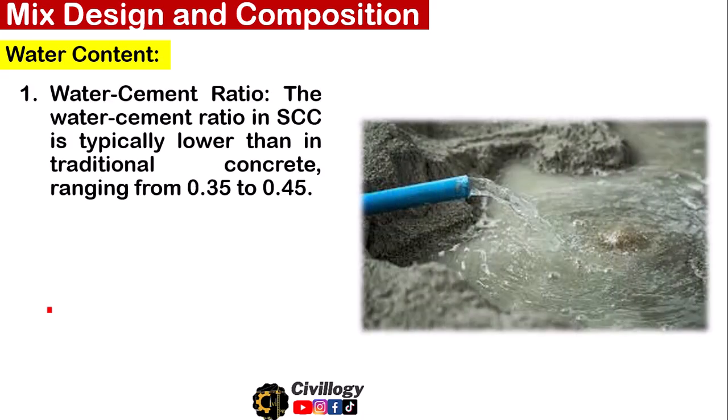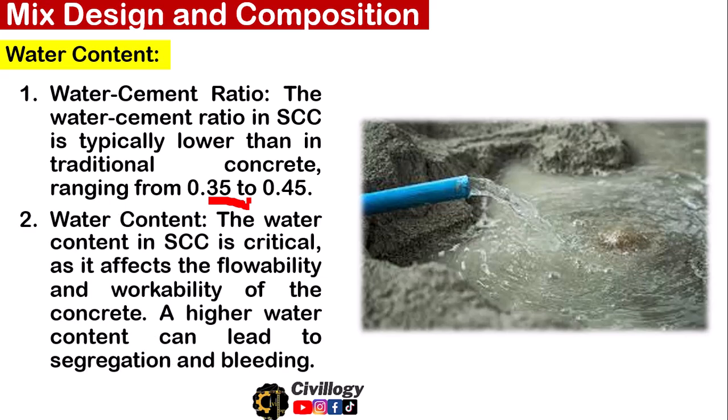Water cement ratio: the water cement ratio in self-compacting concrete is typically lower than in traditional concrete, ranging from 0.35 to 0.45. Water content is critical as it affects the flowability and workability of concrete. A higher water content can lead to segregation and bleeding.